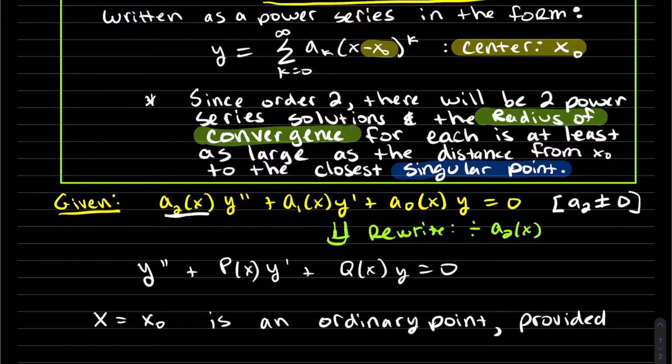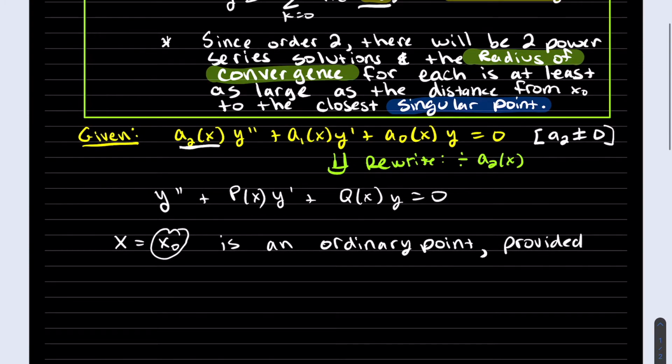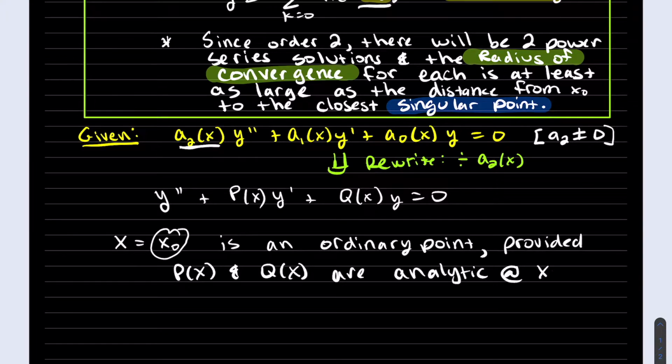Again, we can only build the power series in this section about x naught if x naught is an ordinary point. So x naught is an ordinary point provided the functions p of x and q of x are analytic at that point, at the ordinary point.